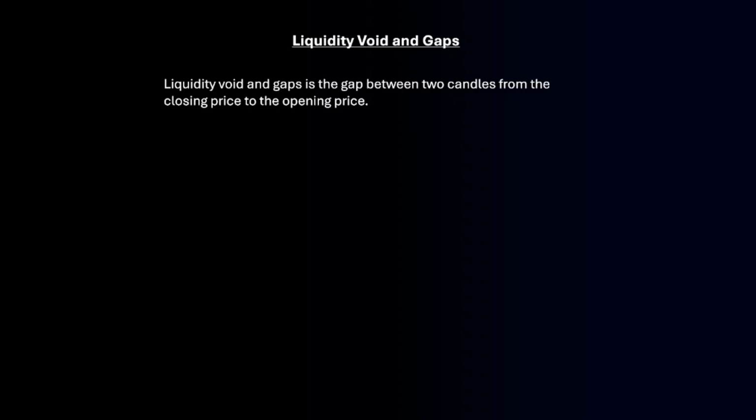But what the gap or the liquidity void is trying to tell you is that during that time period, there's a change in price which wasn't fully registered on the candlestick chart, which means there's a liquidity void. There's no trading during that time, from the closing price to the opening price. That no trading zone will appear on a chart as a gap or a liquidity void.